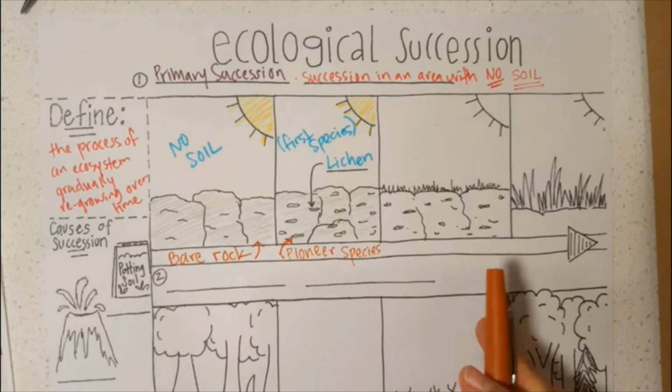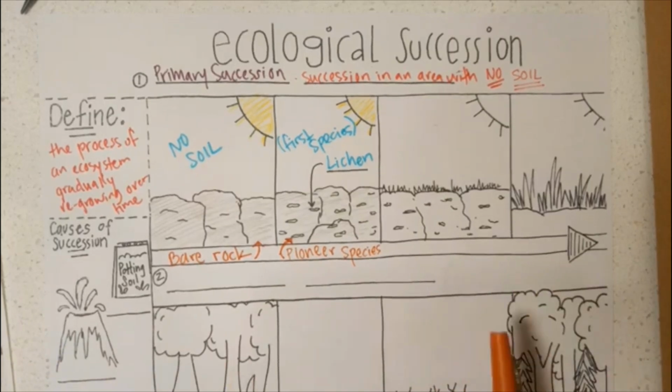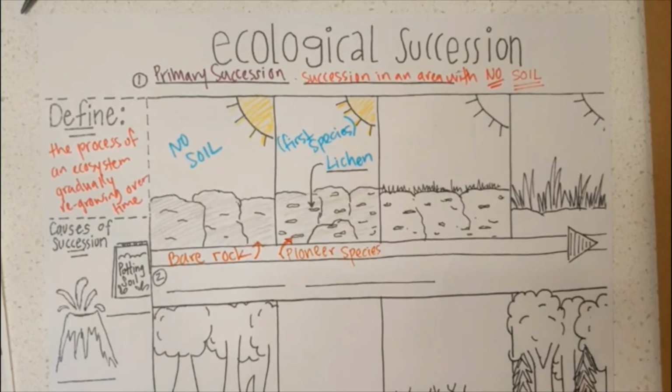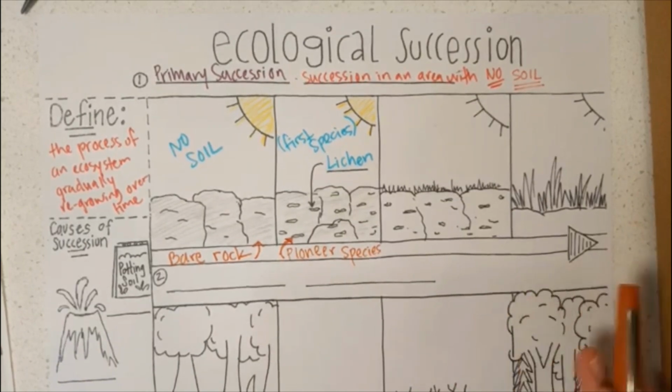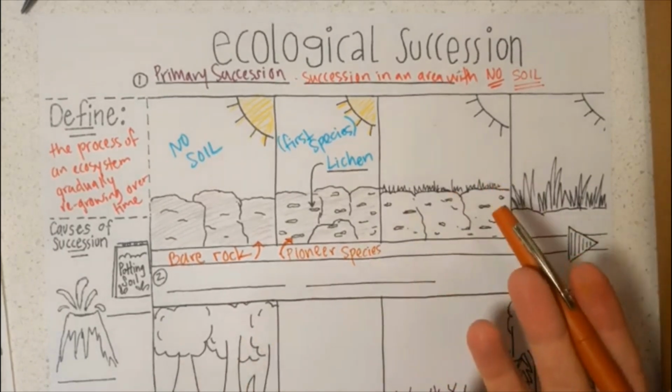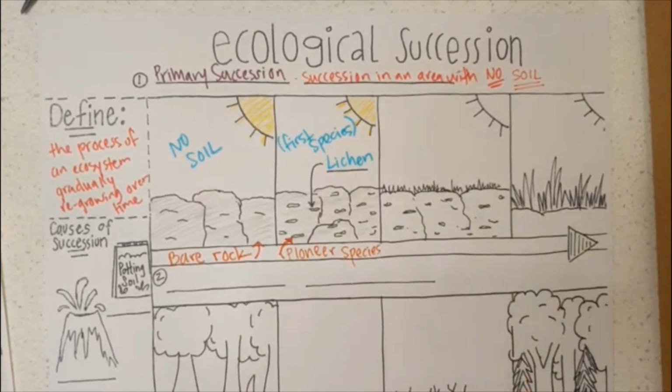I think about it as, the pioneers who settled the West. They were the first people to travel west and to settle new areas of land. So we think about like pioneers being the first settlers. Pioneer species are just the first species that regrow.